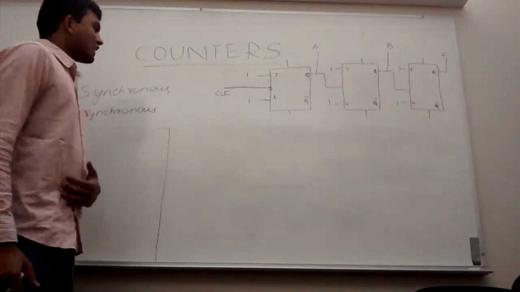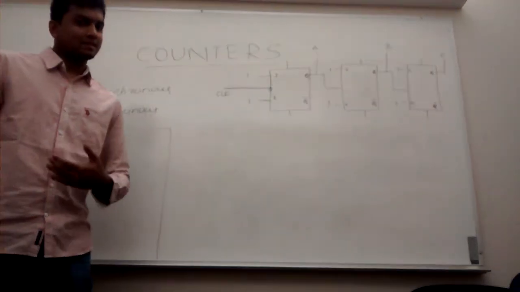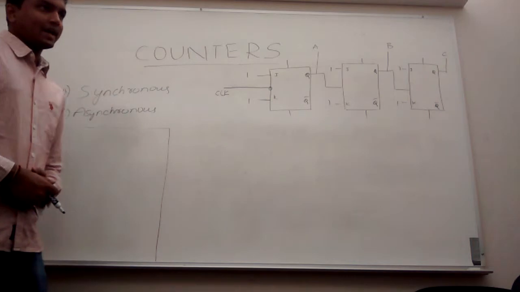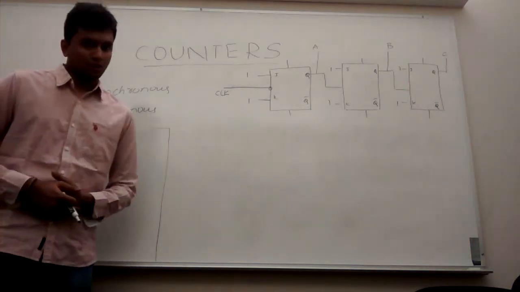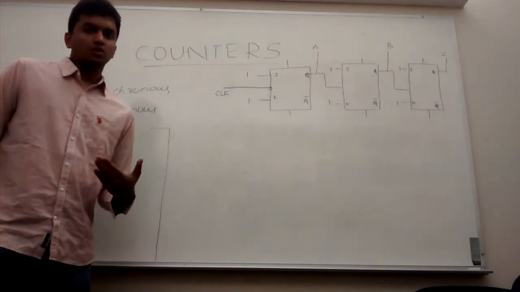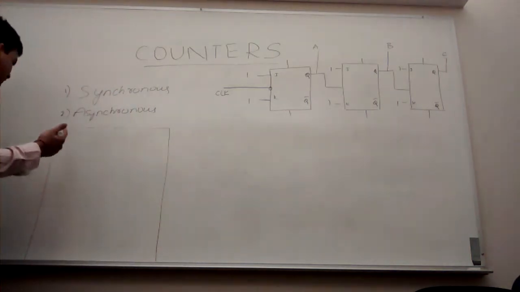So let us now restrict our discussion to asynchronous counters and see how a simple ripple-up asynchronous counter works. I am using a 3-bit ripple-up counter where it counts from 0 to 7 and comes back to 0 on the next clock.